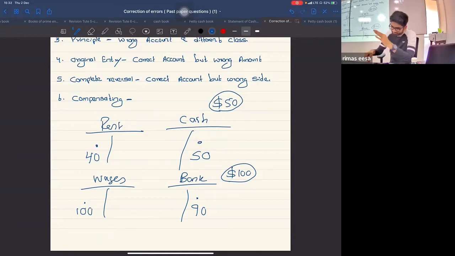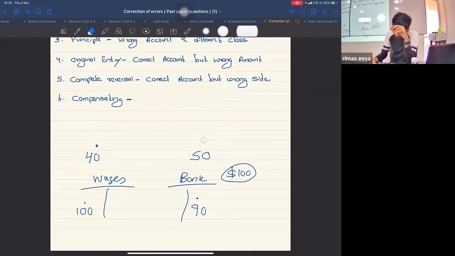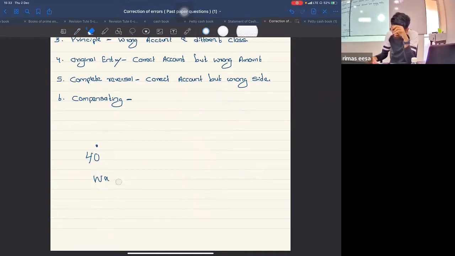So that's it for errors not affecting your trial balance. Okay, so let's do the correction. Compensating, let's write the definition. What is compensating?